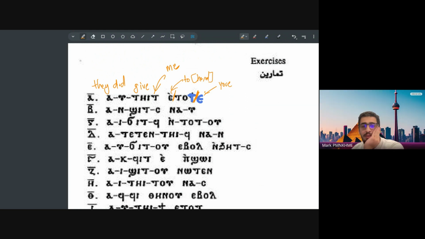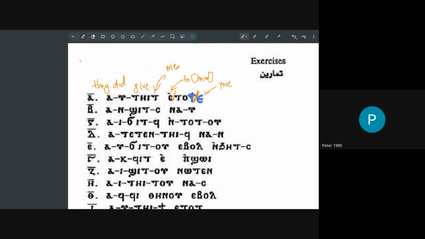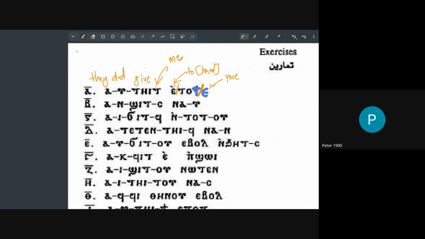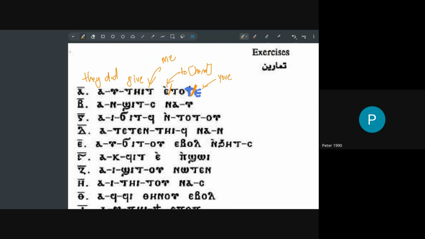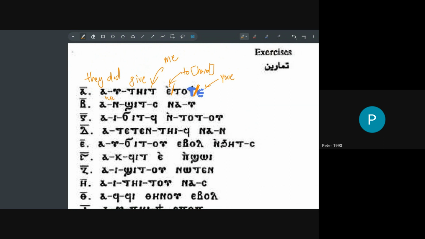All right. Break it down in your head in the same manner. Give me the next one. If you're not sure about the vocab, let me know. I had this written down somewhere.